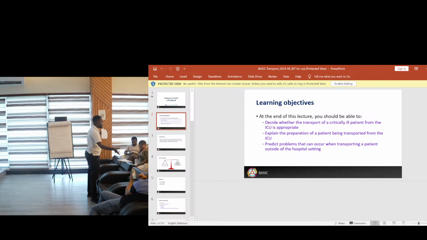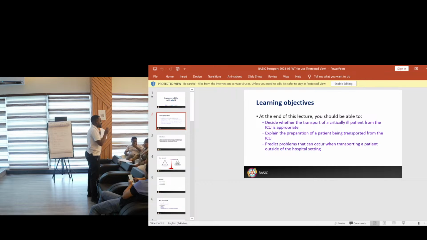For a mechanical ventilator, you use minute volume times your FiO2. For a patient on spontaneous breathing, use the flow in liters. Then you get the minutes that the cylinder will last.